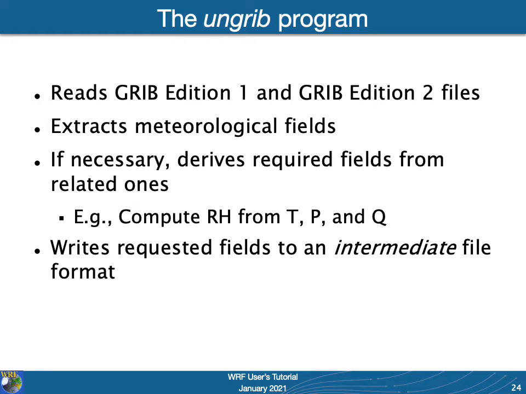The Ungrib program is capable of doing some very basic derivations. For example, it can compute relative humidity from temperature, pressure, and specific humidity. But essentially, it's just a program that pulls out fields from Grib files and writes them to what we call intermediate files.